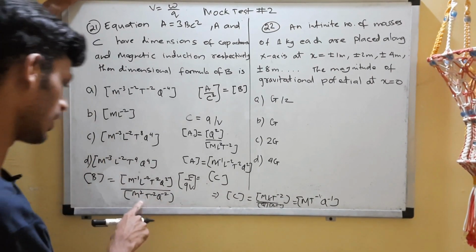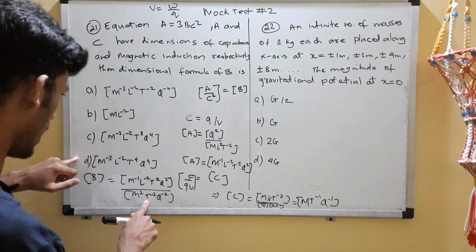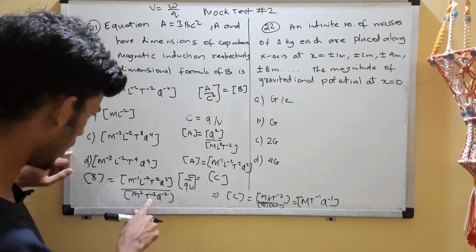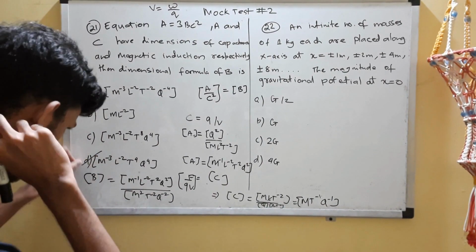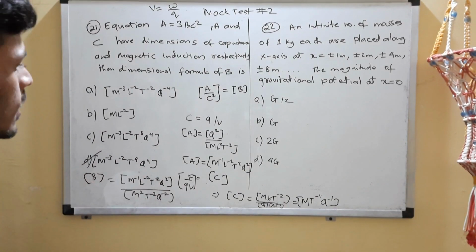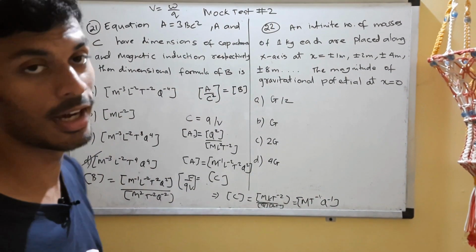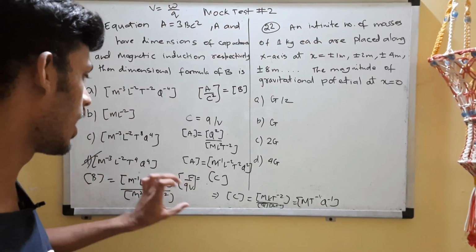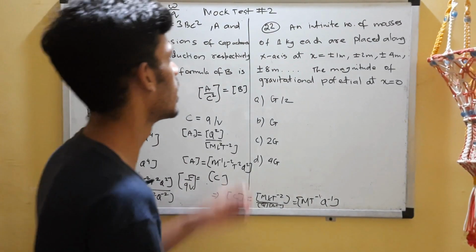Easily you can see this will become M raised to minus 3, L raised to minus 2, T raised to 4, Q raised to 4. So option D is the correct choice over here. It's quite simple if you know the correct version of the formula to use. Here C is equal to Q by V and B is equal to F by QV.